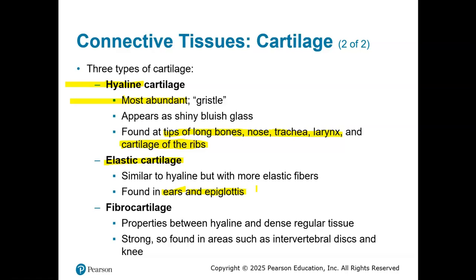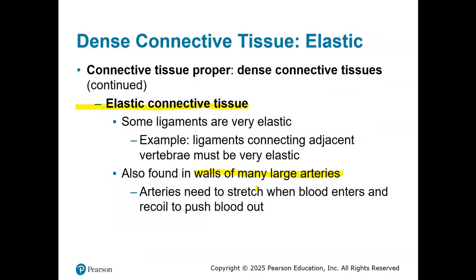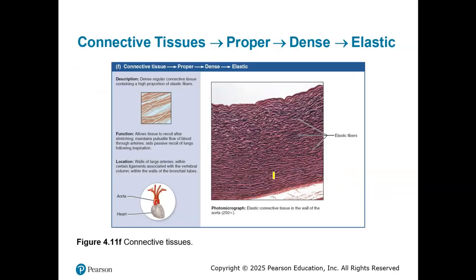Now, let's go back. Where do we find elastic connective tissue? Walls of arteries. So make sure you keep these two distinguished from one another. Elastic connective tissue is a type of dense connective tissue, and our example that we're going to know where it's located is in the walls of many large arteries.